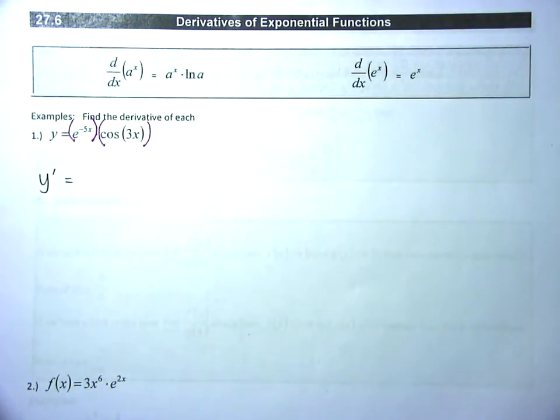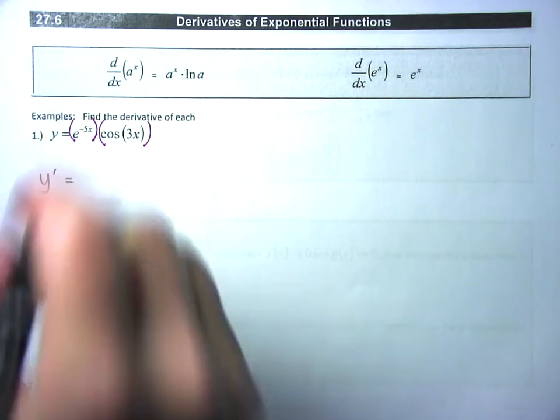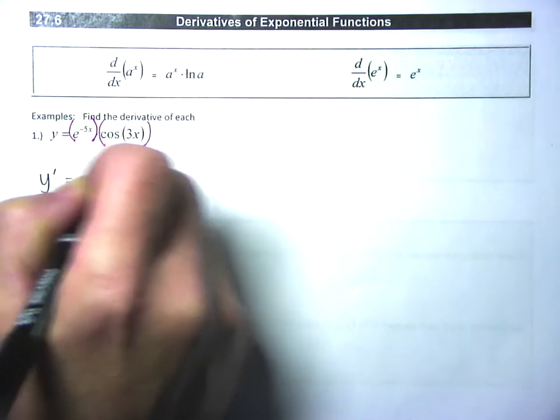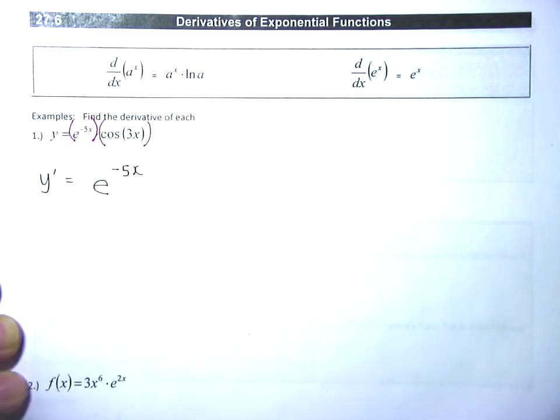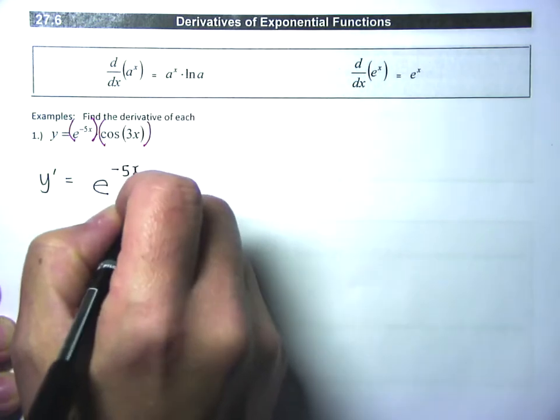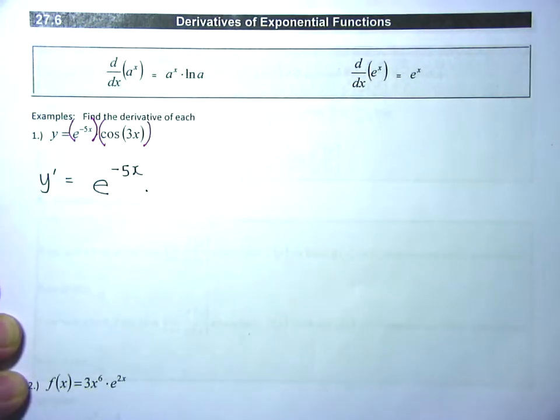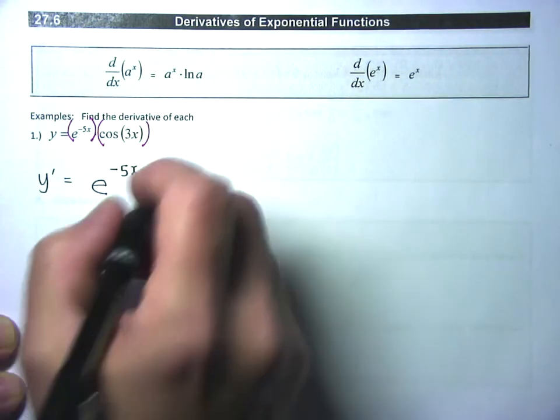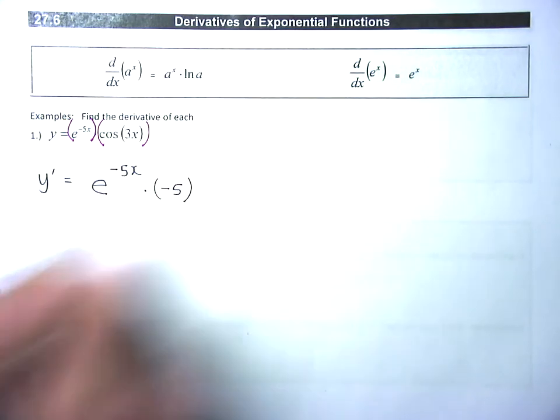The derivative of e raised to the power negative 5x: by the chain rule, the derivative of the outside, the derivative of e raised to some power, is e raised to that power times the derivative of the inside. The derivative of negative 5x is equal to negative 5.